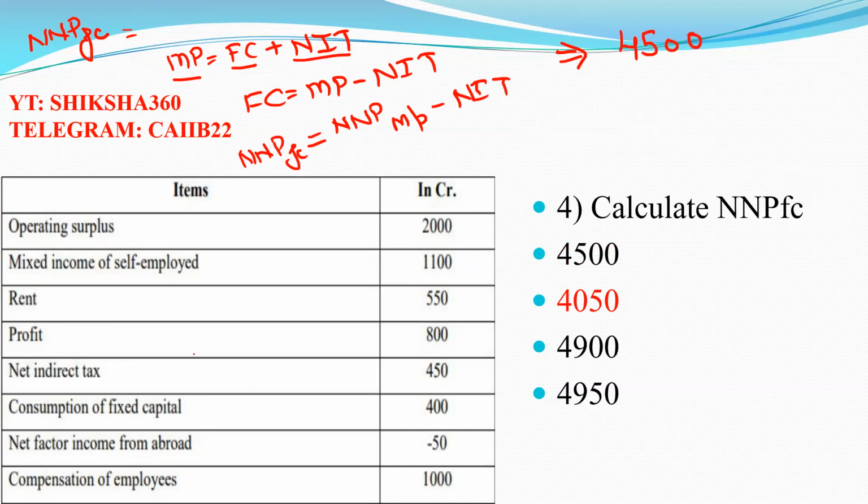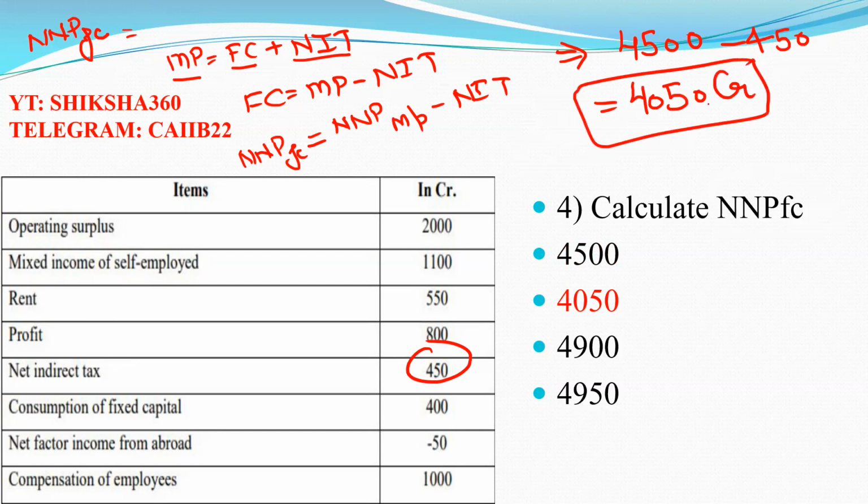And net indirect taxes are 450 crore. So we have to subtract 450 crore from here. How much will we get? 4,050 crore. Clear? Net national product at the factor cost is equal to 4,050 crore.